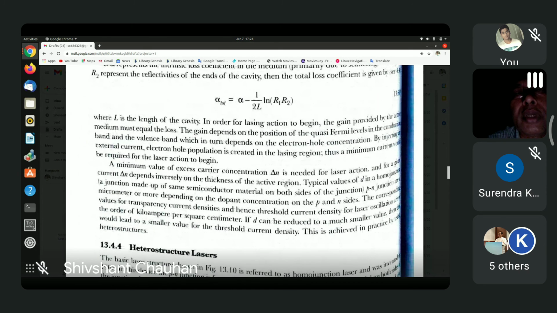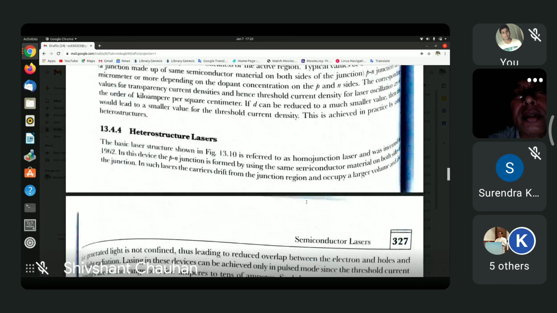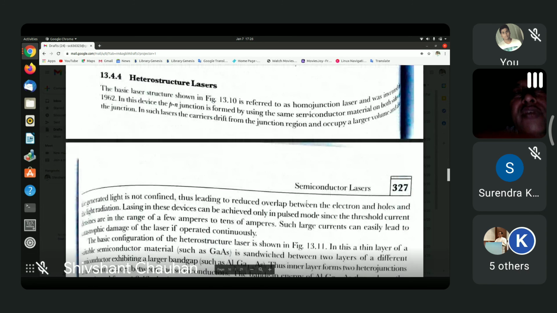Heterostructure lasers. This means that the device consists of materials of different kinds. In homostructure lasers, the basic material is the same, but one part is doped with p-type impurity, another part is doped with n-type impurity.